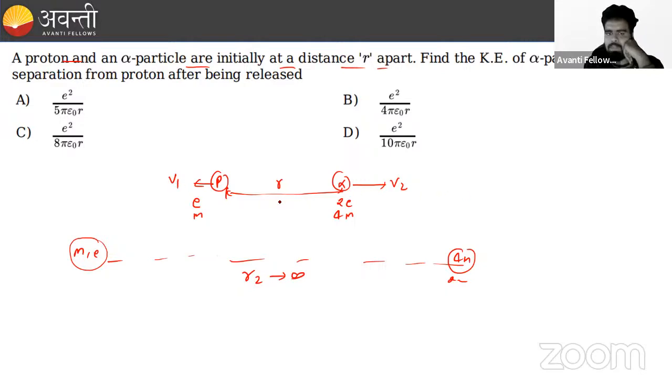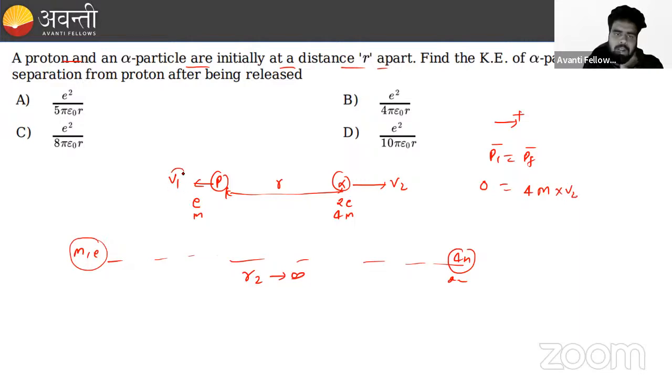We know that if there is no external force along the line, we can conserve the momentum. So initial momentum equals final momentum. The initial momentum is zero, so the final momentum must also be zero. Taking the rightward direction as positive, the momentum of the alpha particle is 4m into v2.